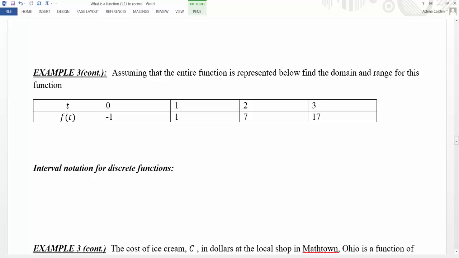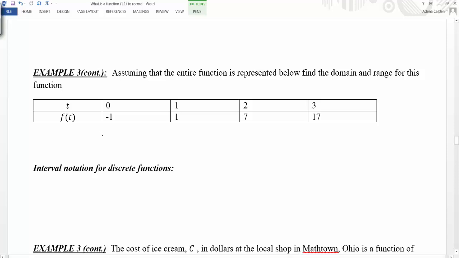And then my range is going to be the values that f of t can take on. And that's -1, 1, 7, and 17. So what I need to do is think about how I'm going to represent this. So we have a little bit different notation when we talk about discrete functions. So for discrete functions, we're going to use curly brackets and we're going to list the values that these things can take on.